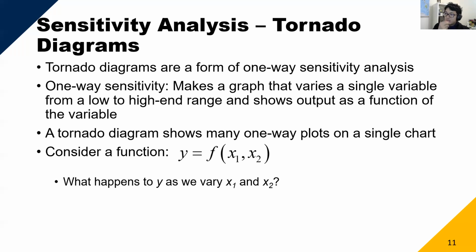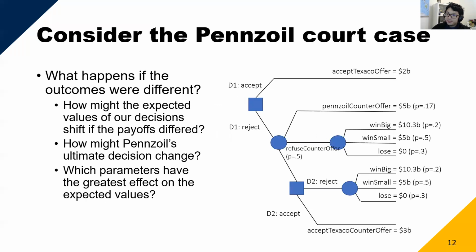One example that we can look at is from last class. We have this Pennzoil court case. So just as a quick refresher, there is this decision tree that we made. And you can accept or reject the initial counteroffer.